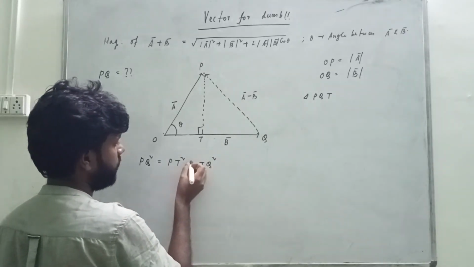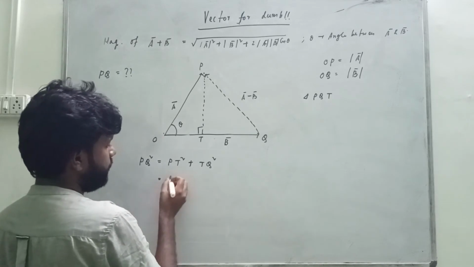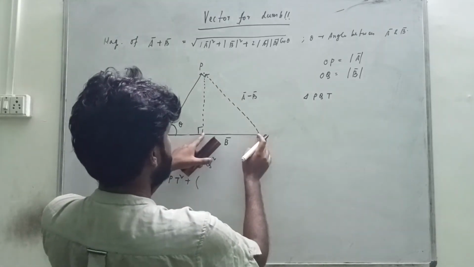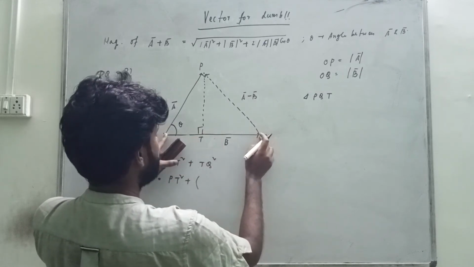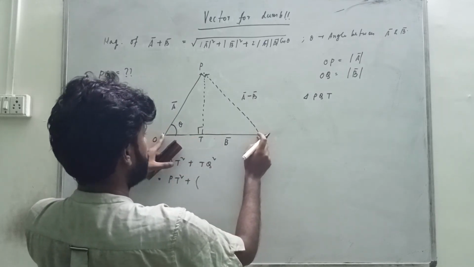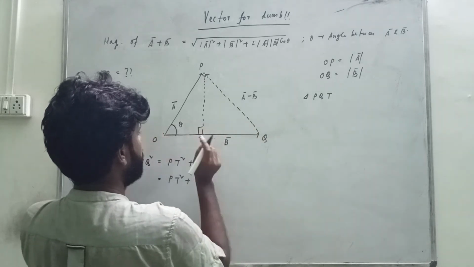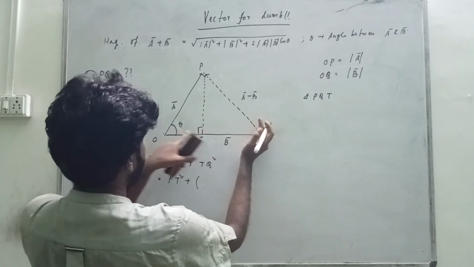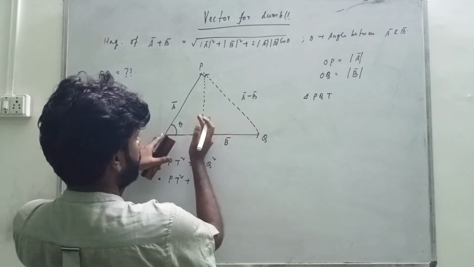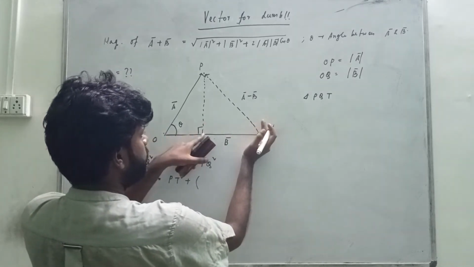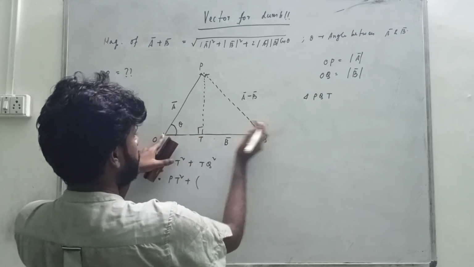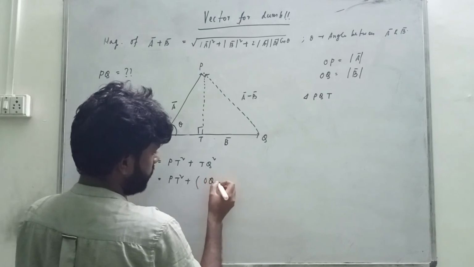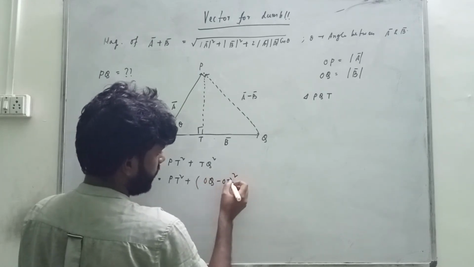Now TQ means OQ, the full length, minus OT. Just place OQ minus OT here.